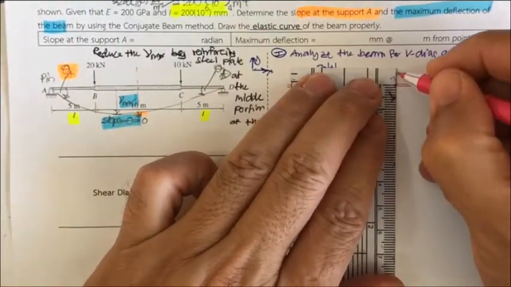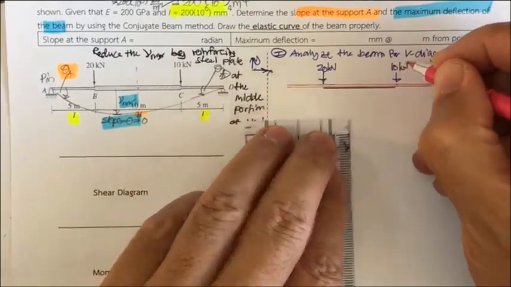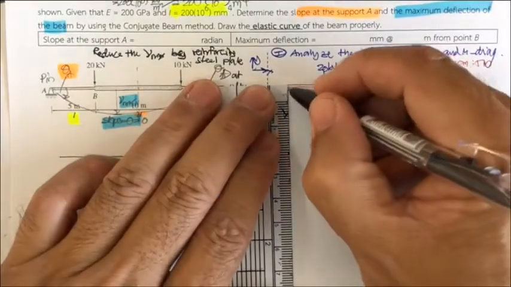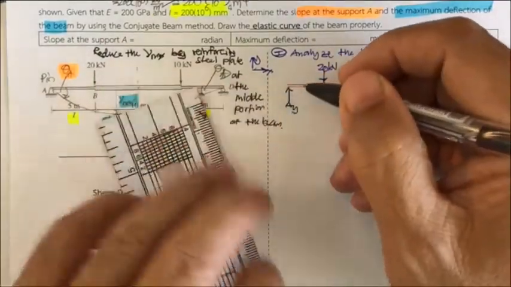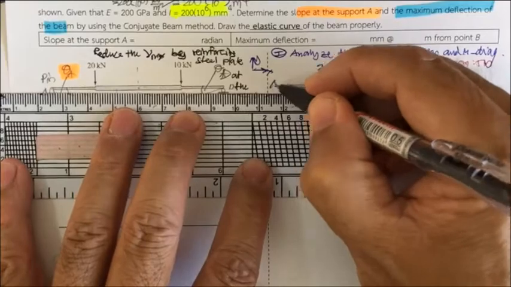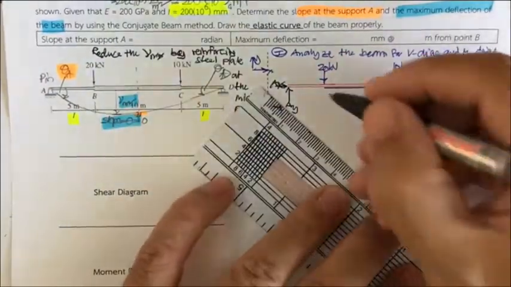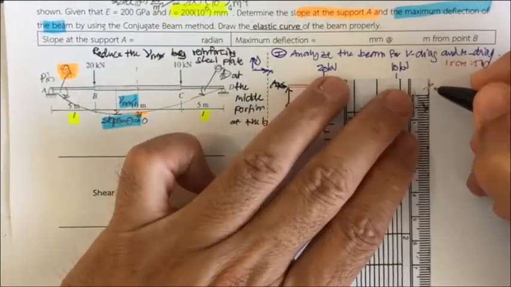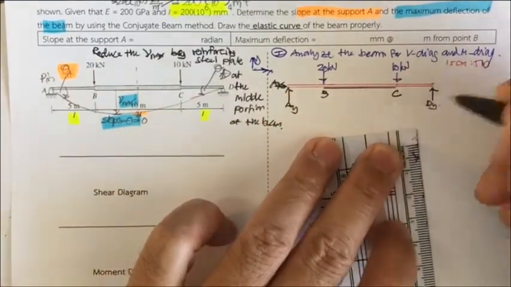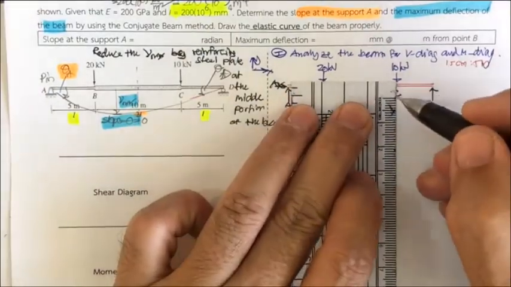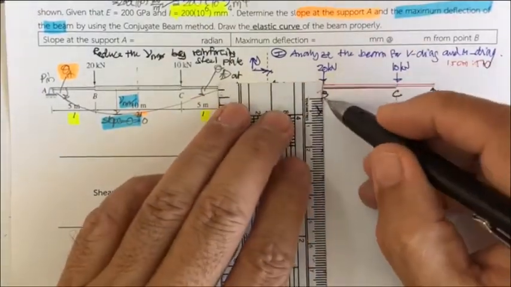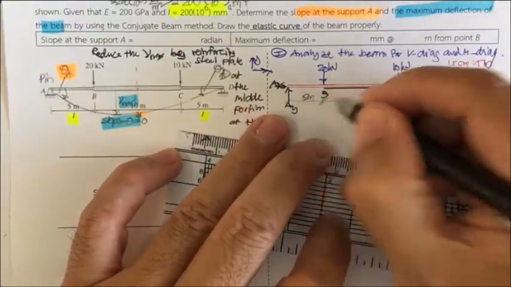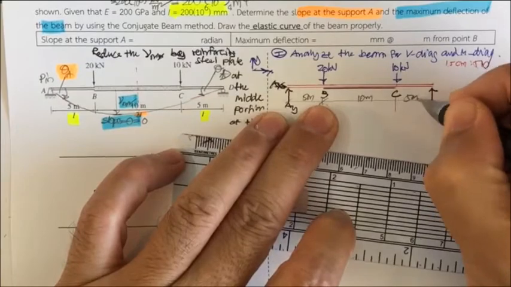And what we have is the reaction at A. Since it's a pin, it's going to be A sub Y and also A sub X. This one is going to be B, this one C, and this one D sub Y. And you've got all the lengths required to calculate the reaction: 5 meter, 10 meter, and 5 meter here.